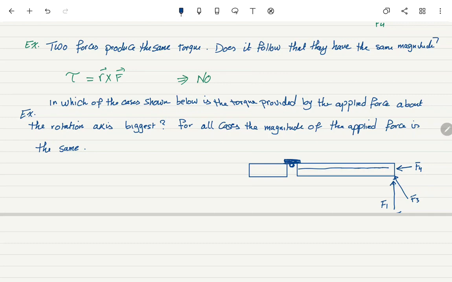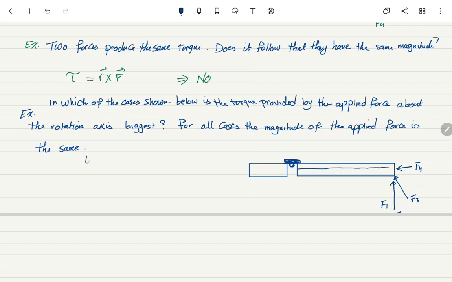Now F3 is at some angle with the distance, and in this case only the perpendicular component will provide a torque. But F1 is completely perpendicular to the distance, and in this case the torque that we get is the maximum.